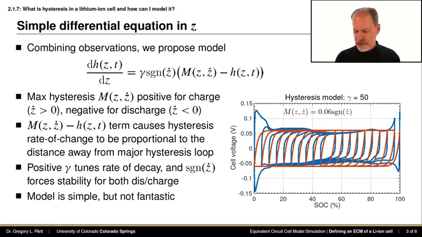And that M was 0.06 times the sign of Z dot. So you can see that the red curve approximates the blue curve. It's not perfect, but it at least gives you some of the major features of hysteresis that we see in the lab test data. So it's not a great model, but it's better than no model at all.